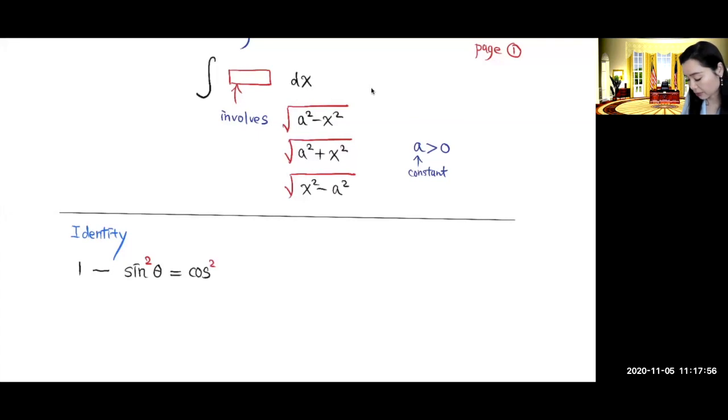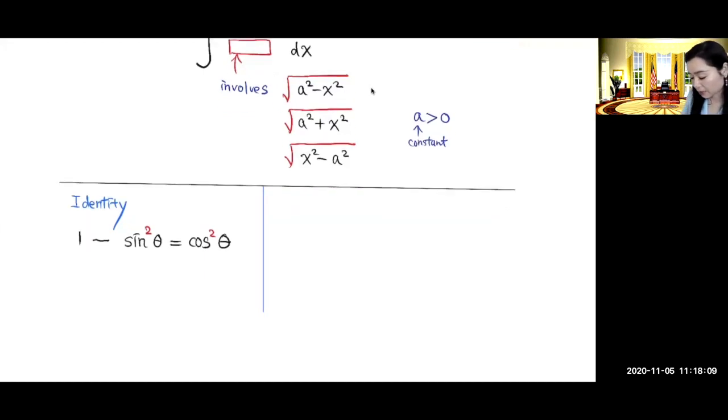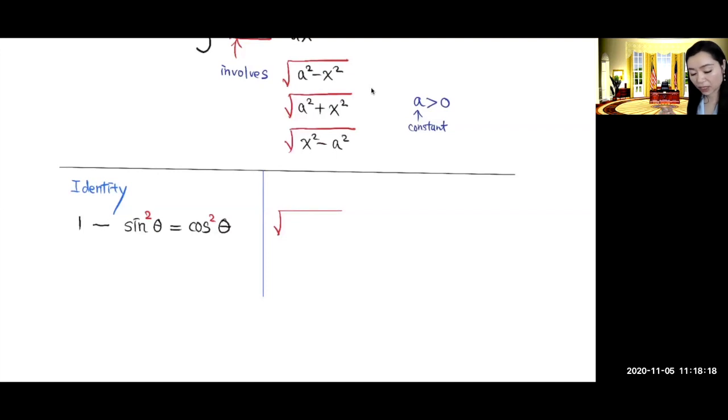So think about this identity. If you can remember this identity, that is going to help you to deal with this type of integral that involves the square root of a squared minus x squared.